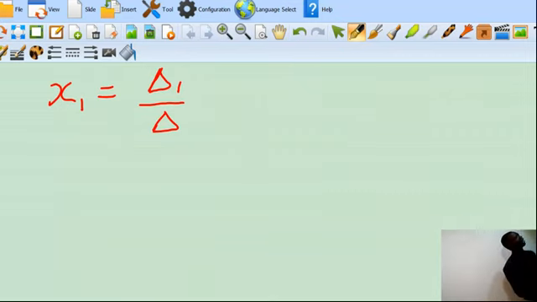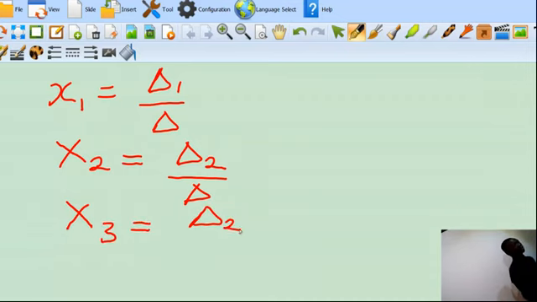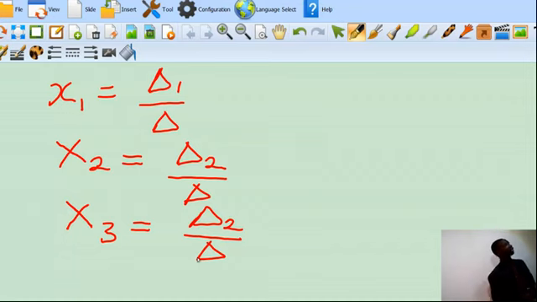To get x1, it means your x1 is equal to delta 1, which is your first determinant, over the original determinant that we've obtained from matrix A. Do not forget, to get your x2, x2 will be the determinant of when the B vector was in the second column over your original determinant of matrix A. And x3 is the determinant you obtained when your vector B was in the third column over the determinant of matrix A. So with this formula you can obtain your x1, x2, x3.